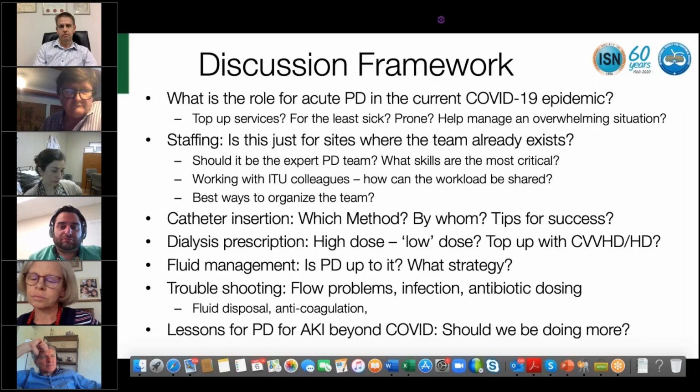There's actually quite a lot to get rid of through in the sluice area. But generally, it hasn't really been a particular issue. We have done it in the same way that we do it elsewhere, with the exception that everybody is in full PPE because you are within the ITU setting.